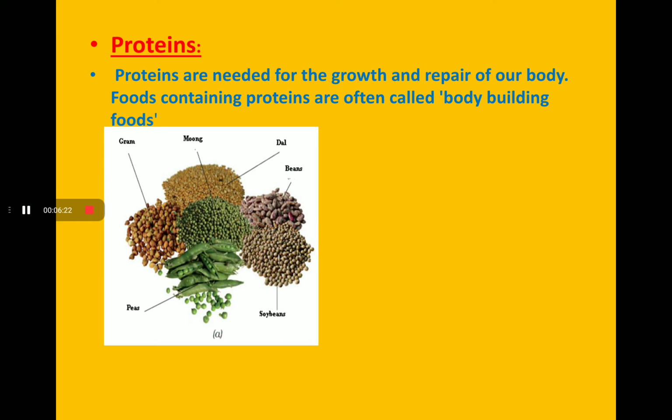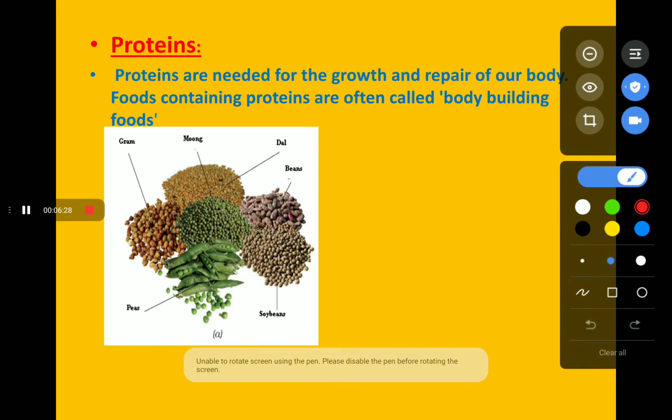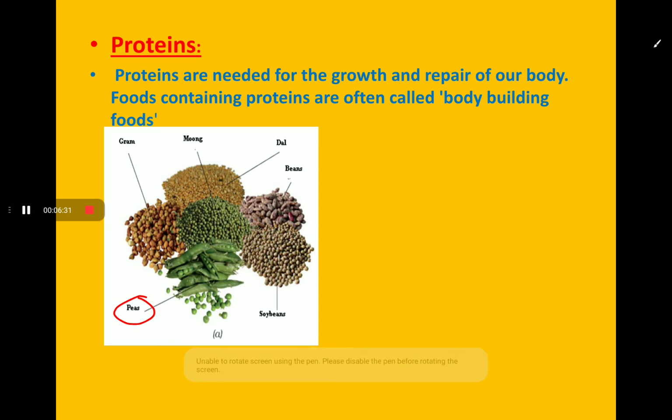Here are some plant sources of protein: peas, gram, moong dal, beans, soybeans. These are some plant sources of food which contain protein.